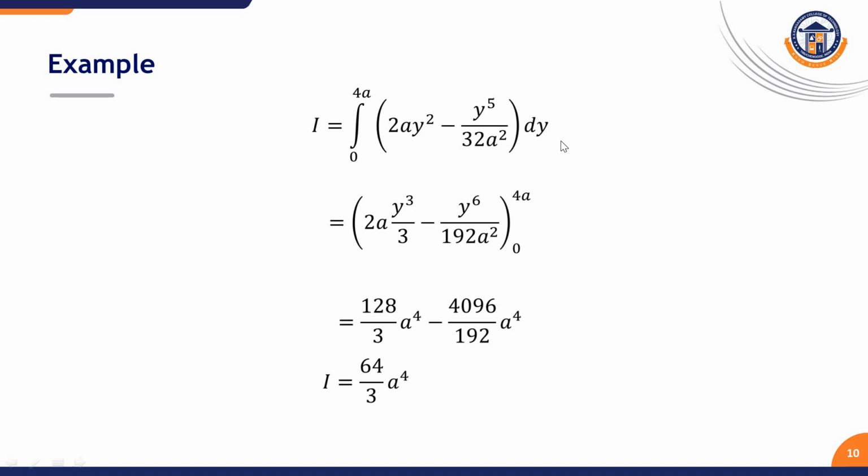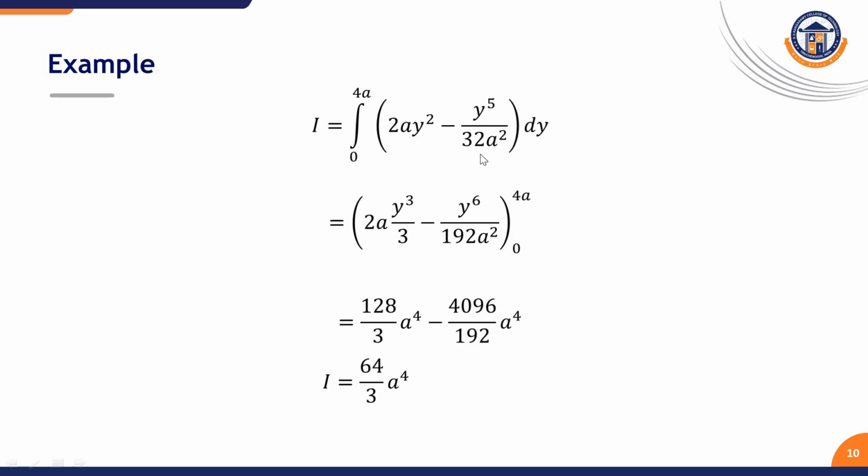Next, integrating with respect to y, the limit varies from 0 to 4a. Here the two terms are in subtraction, so we integrate separately. In the first term, 2a is constant, take it outside. Integrating y squared, we get y cubed by 3.